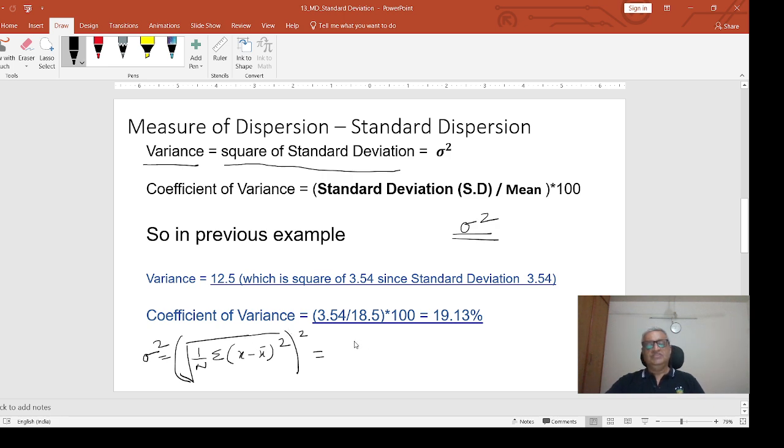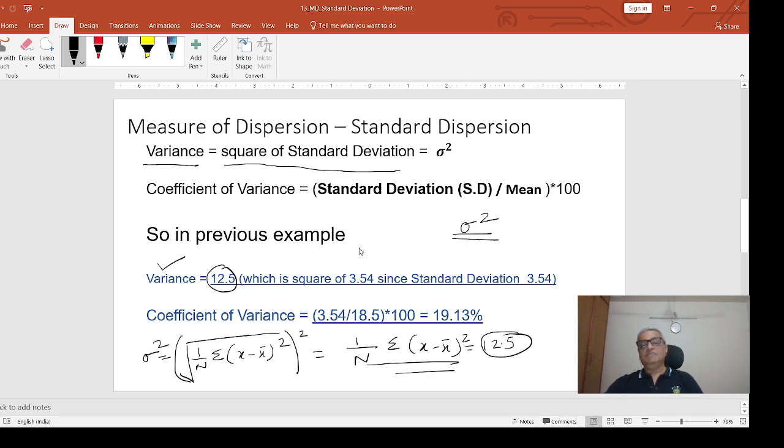So what happens is my square root goes away. So my variance actually is nothing but the sum of (x minus x bar) square, and which is nothing but, in the previous example what we have seen, it is 12.5. Correct? So 3.54 into 3.54 is nothing but 12.5. So my variance is 12.5.